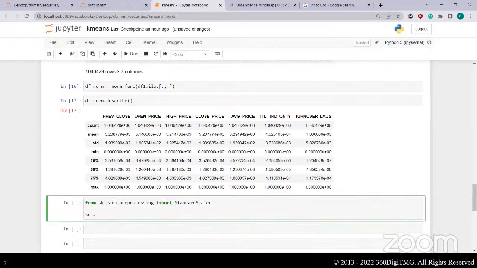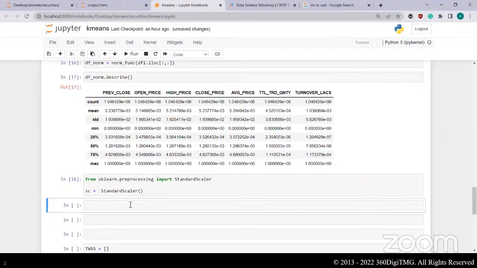We can declare a standard scaling variable. So we'll create a new variable where we apply the standard scaling, and we can take a look at our standard scaled data.